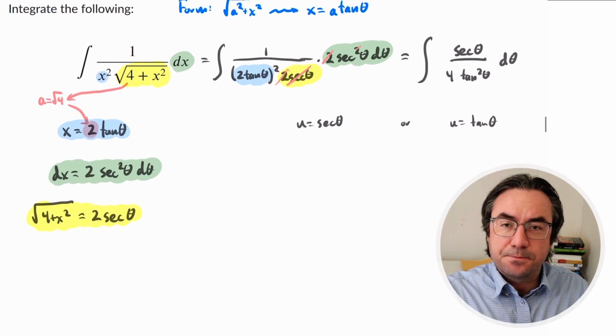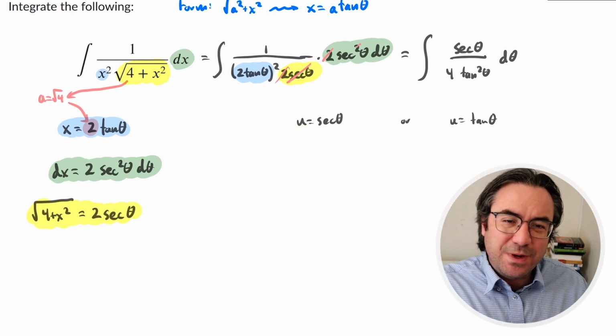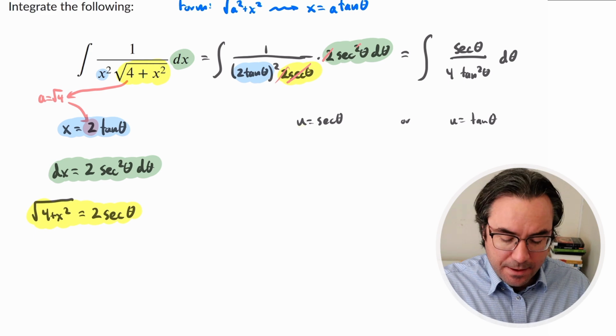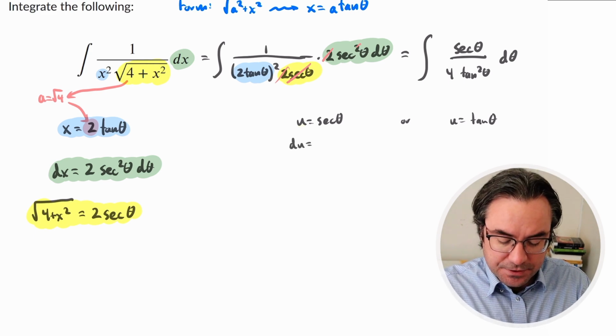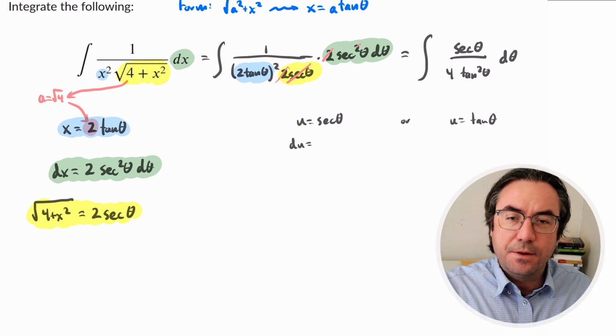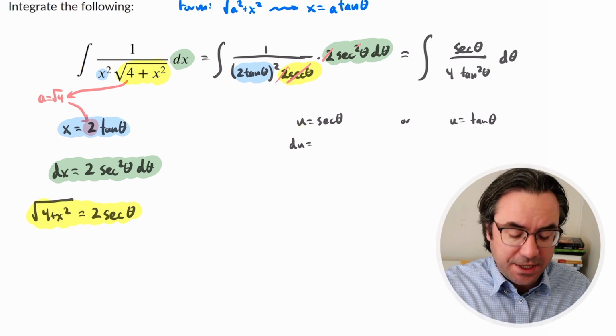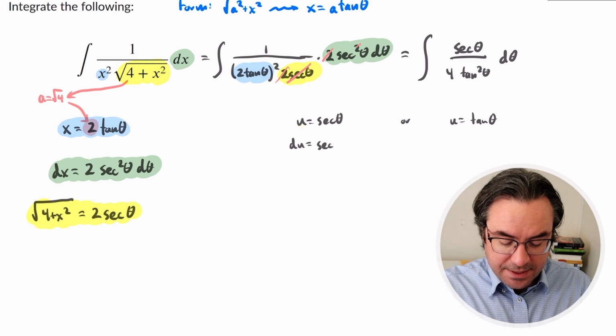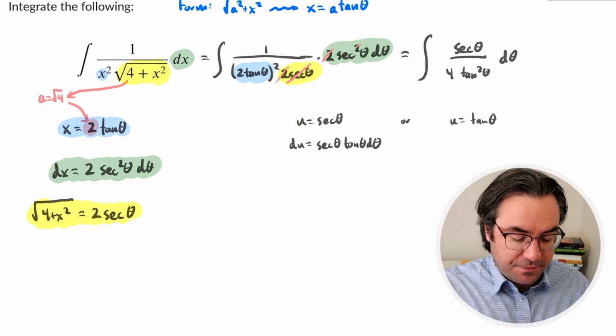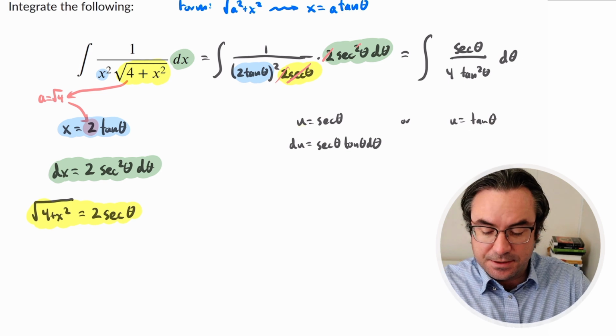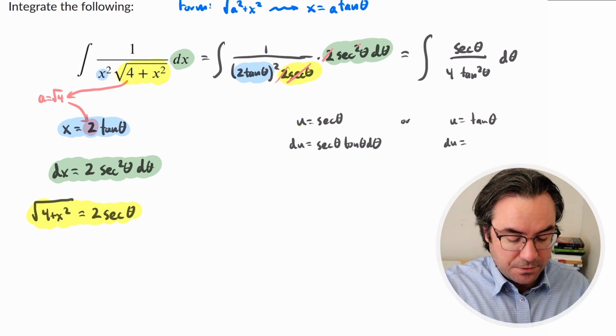And how we can tell if they're going to work or not is based on the differentials. So if we calculate the differential for secant, we get secant times tan. And if we calculate the differential for tangent, we get secant squared.